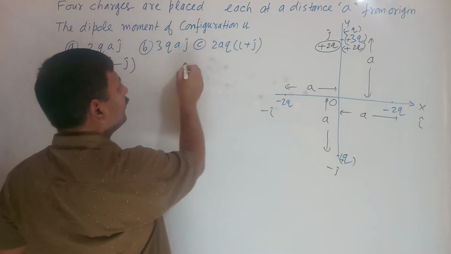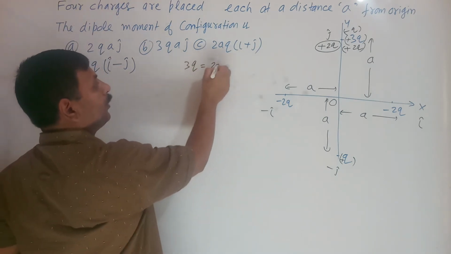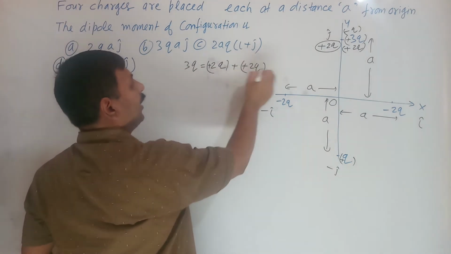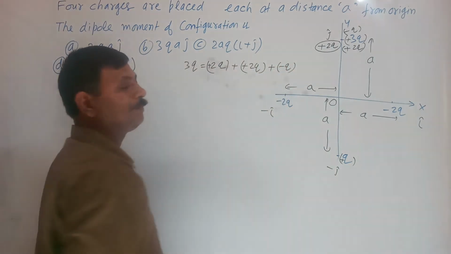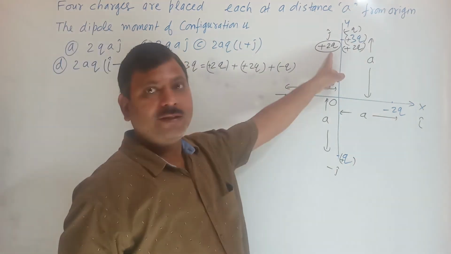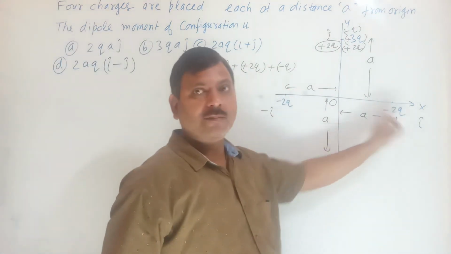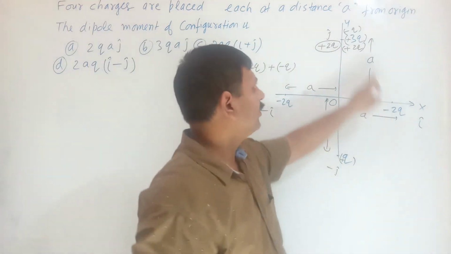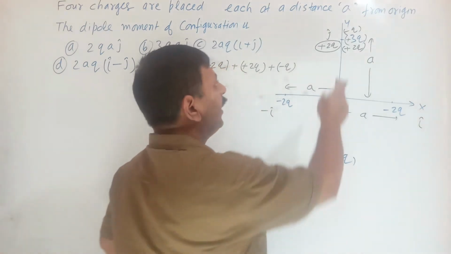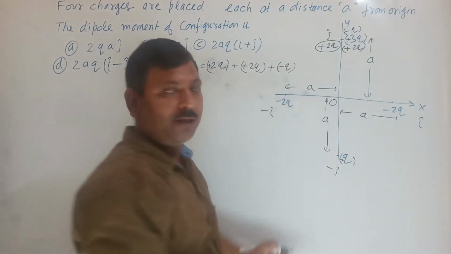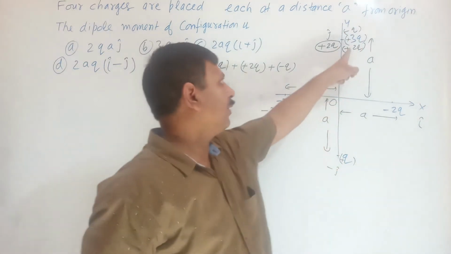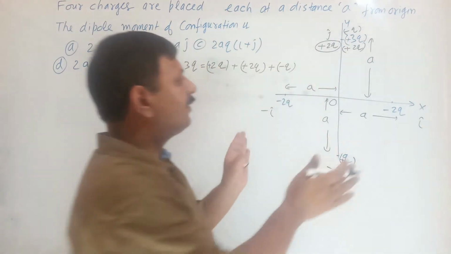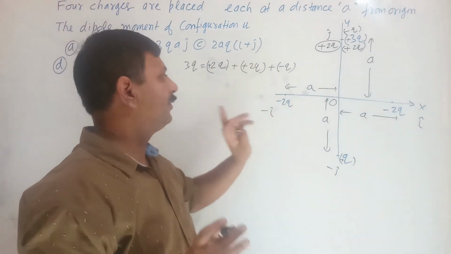What are the combination of 3q? 3q is equal to plus 2q and minus q. This is plus q, here minus 2q. So this minus 2q plus 2q, one dipole. Minus 2q plus 2q, another dipole. And minus q plus q, because here plus q, so here we want minus q. So this minus q is third dipole. So we have converted this in three different dipoles.